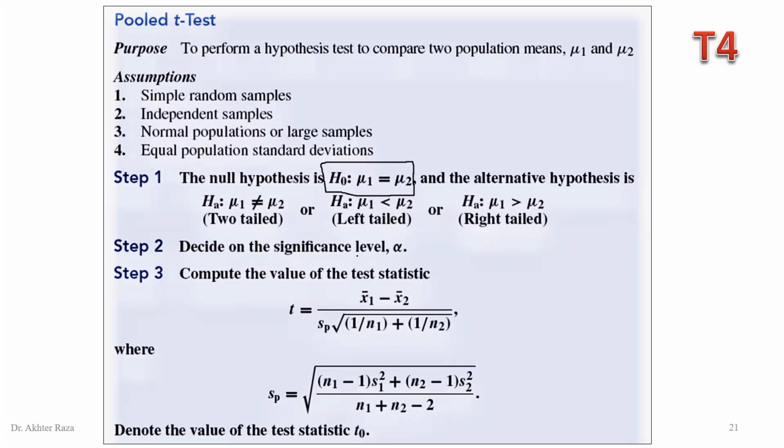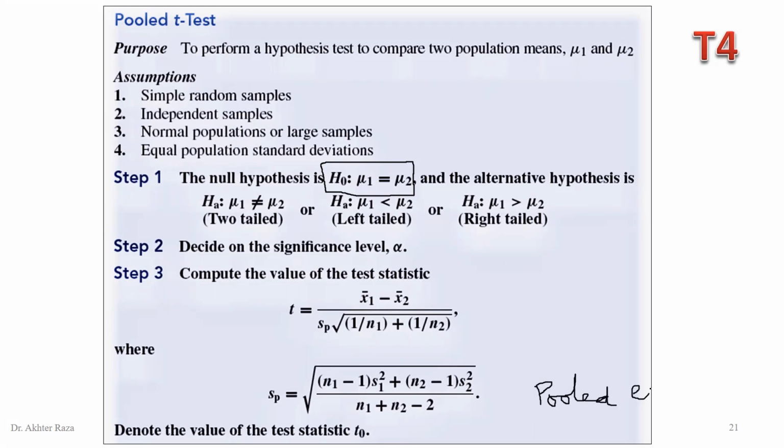Second step is the same. You have to describe the level of significance. Step number 3, compute the value of the T statistic. In the T statistic, we have SP here. SP is the pooled estimate of population standard deviation. That is why it is called the pooled t-test.